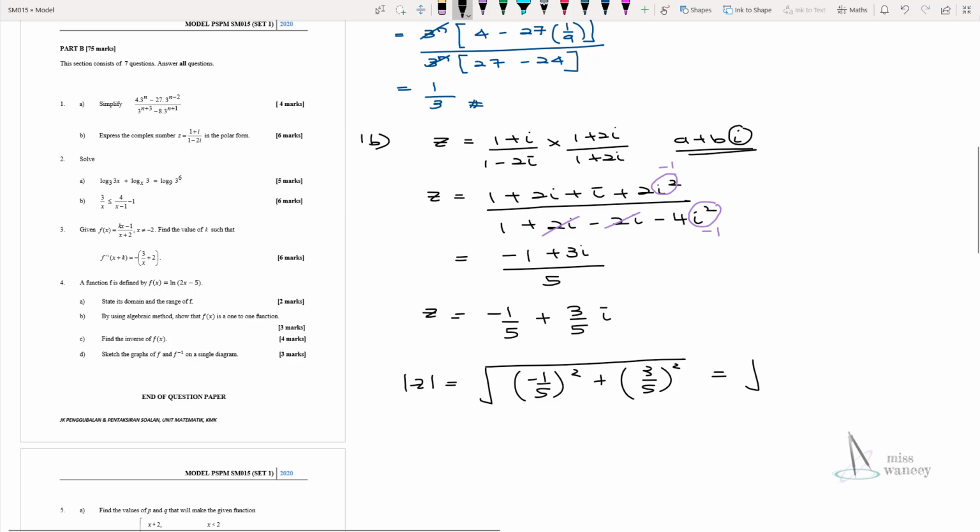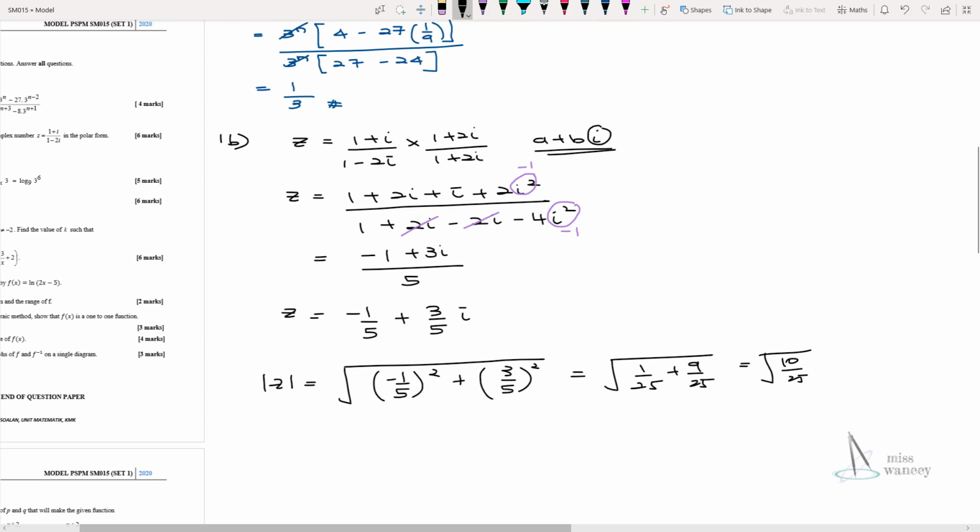So this is actually the square root of 1 over 25 plus 3 squared, which is 9 over 25. So this is actually the square root of 10 over 25. So you can actually simplify them. So this is square root of 2 over 5. Okay, so that is the modulus.